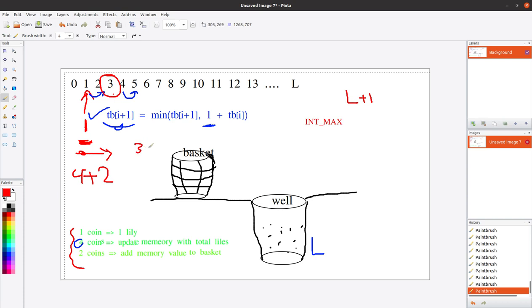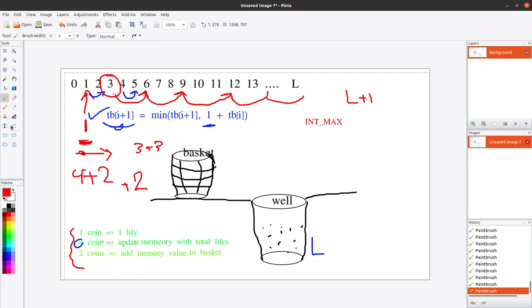So 3 lilies plus 3, because we spent 2 coins, equals 6, and we will update the value at 6. Then we can also spend another 2 coins and update the value at 9. Can spend another 2 coins and update the value at 12, then 15 up to L.